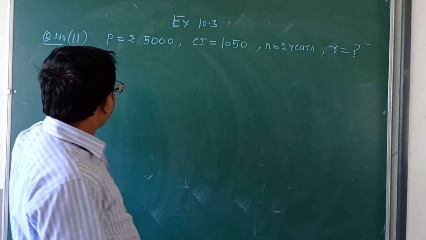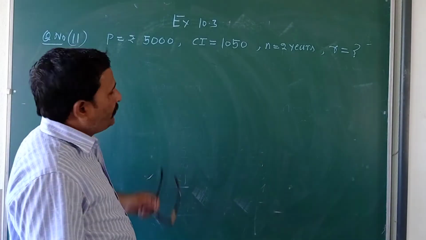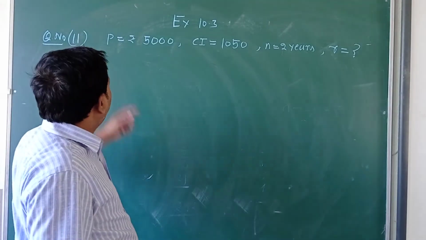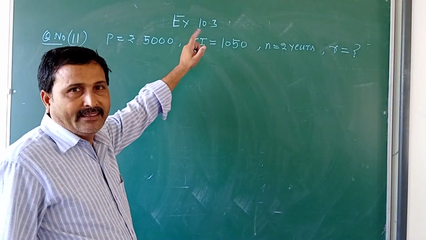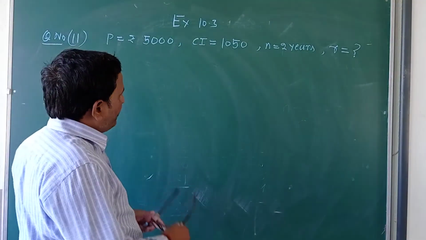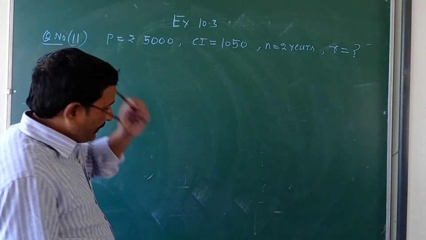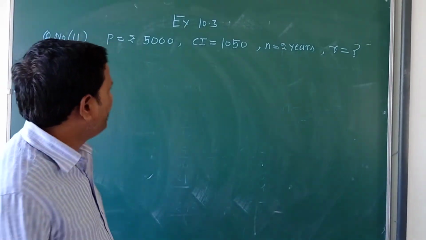One method: calculate the amount, which is principal plus CI. The other method is to directly use the compound interest formula.